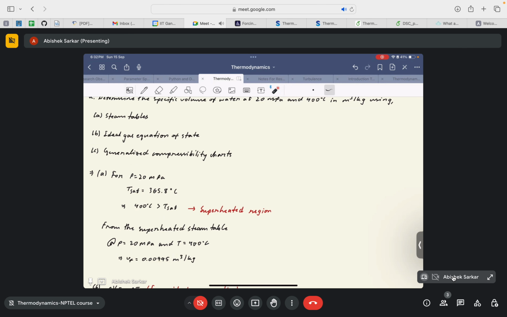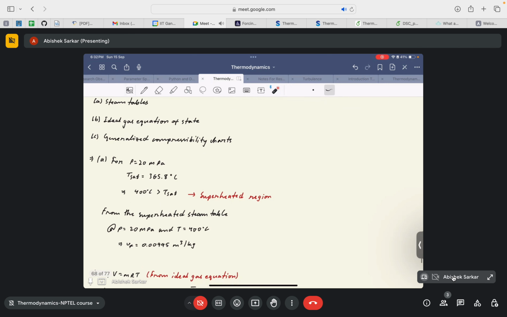It was quite simple, just looking through the steam tables and the superheated tables to find the value of v. Now we find the same value using the ideal gas equation, assuming that we can treat the steam in the superheated region as an ideal gas, because far away from the saturation vapor line, we can treat water vapor as an ideal gas.